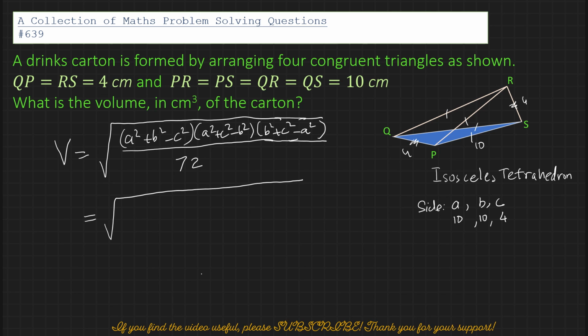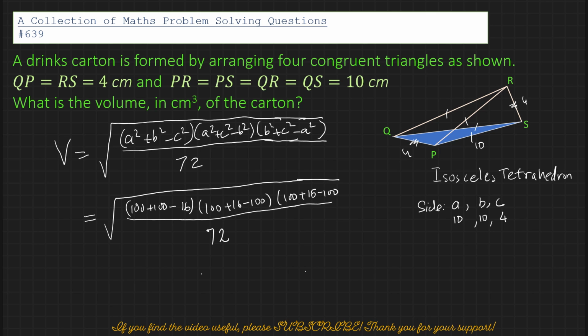A is 10, so A squared would be 100. So we'd get 100 plus 100 minus 16, times 100 plus 16 minus 100, and times 100 plus 16 minus 100.